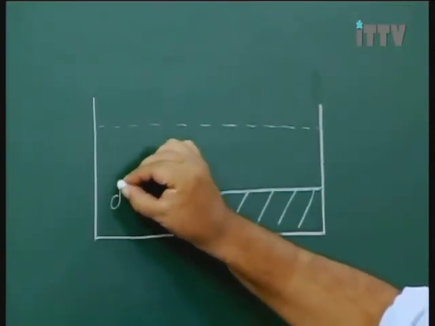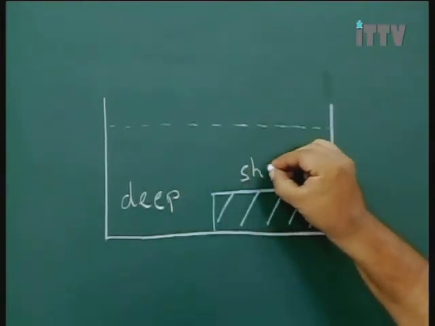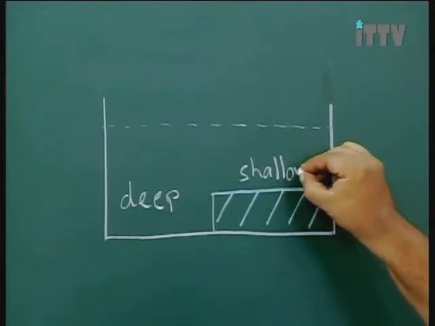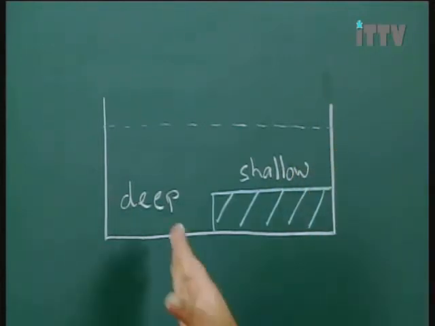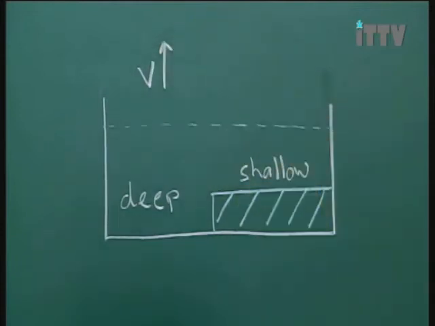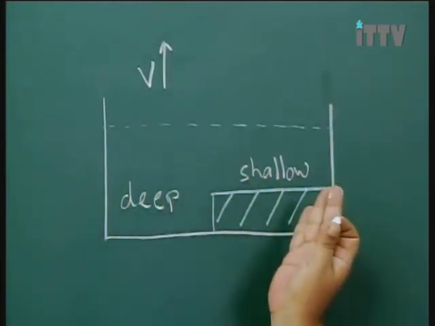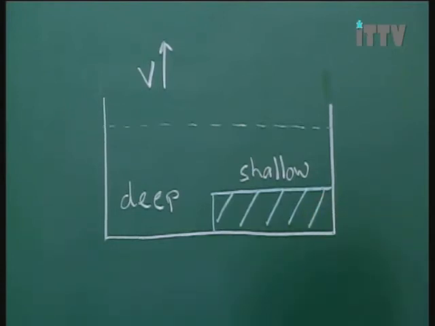So let's label these: deep, and over here shallow. Where your water is deep, you have a high velocity. So here your velocity is higher. As the water travels from deep water to shallow water, in the shallow water the velocity decreases.